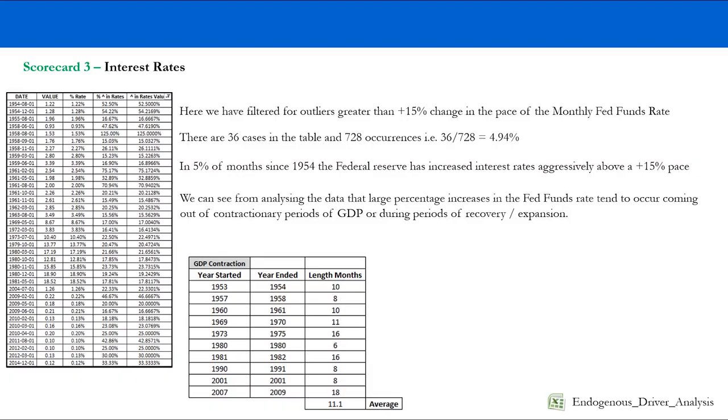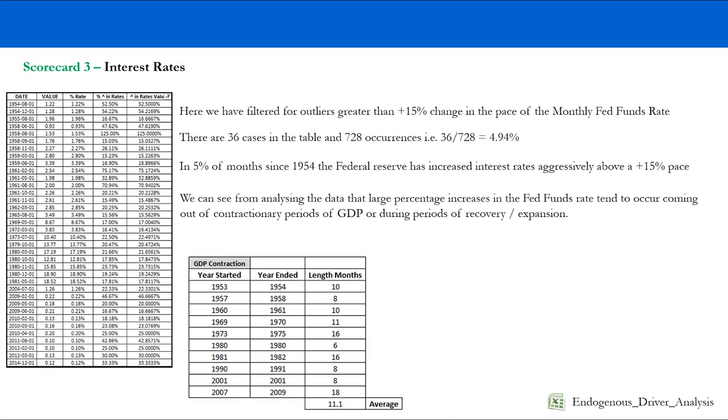We get 36 cases in the table out of the 728 occurrences, and that leaves us with 5% of occurrences. And therefore, in 5% of months in the positive outliers, since 1954, the Federal Reserve has increased interest rates aggressively above that plus 15% pace.